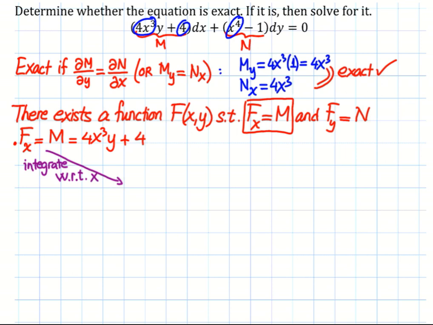Doing that, we get back the function of x and y. Now integrate 4x cubed y plus 4 dx. Integrate with respect to x. Now with respect to x, y is a constant, and of course the 4 is obviously a constant.